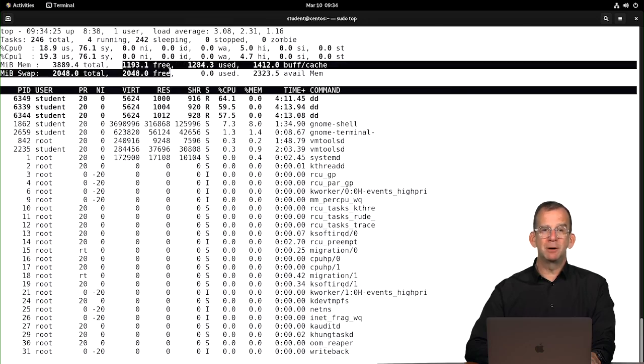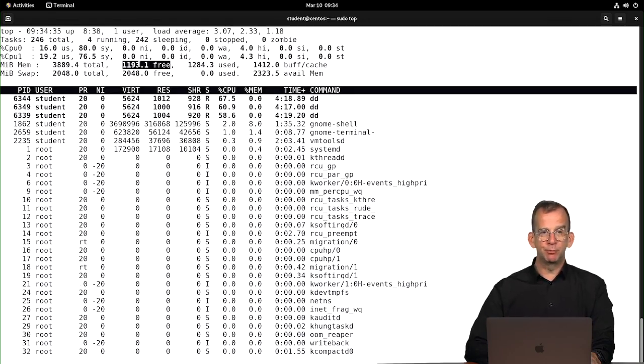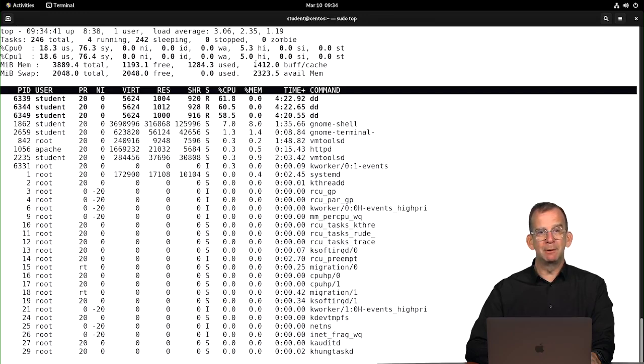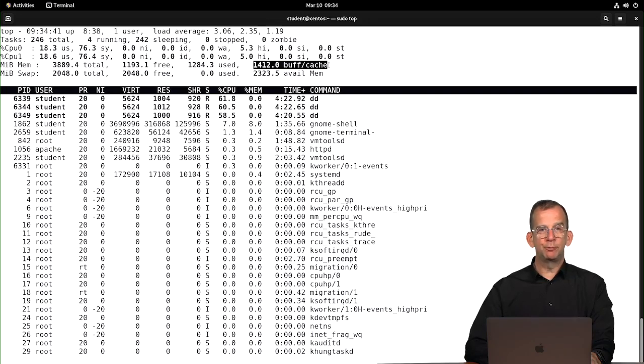Free memory is memory that's currently not used for anything at all. You won't always see so much free memory, because if your system has been up for a longer period, then you will have less free memory available. And that is because memory will always be used for caching files. Now, in cache, the Linux kernel keeps track of memory pages that are allocated to cache that have not recently been used.